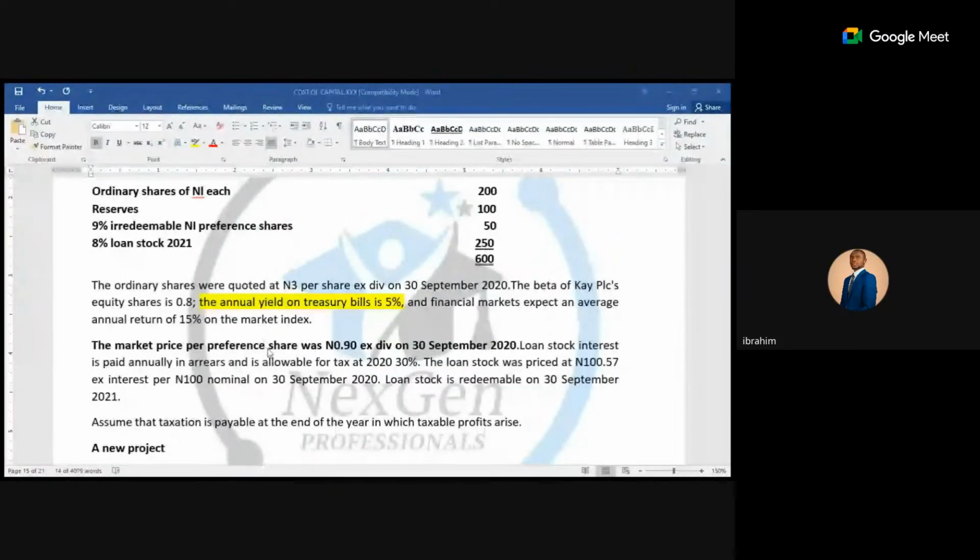We did something like this in our previous lecture, right? What is the current dividend of the preference shares? Since it is not mentioned, can you see it wasn't mentioned? How many percent? 9%. Thank you. Can you see? It is 9%.